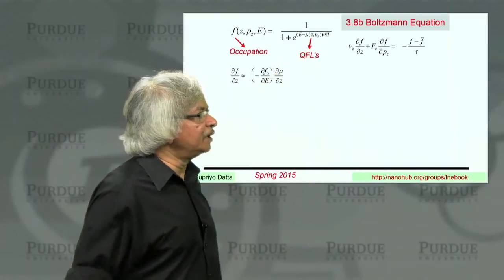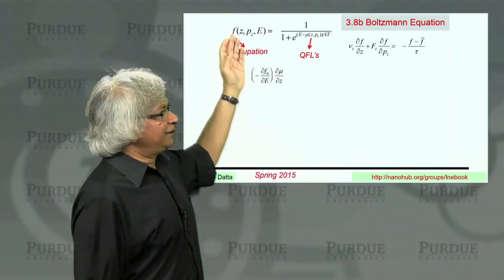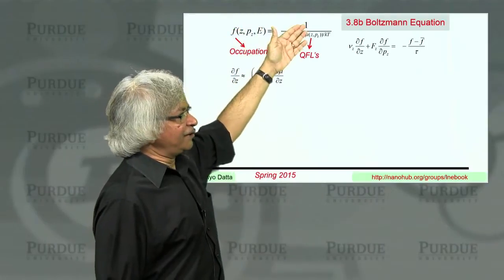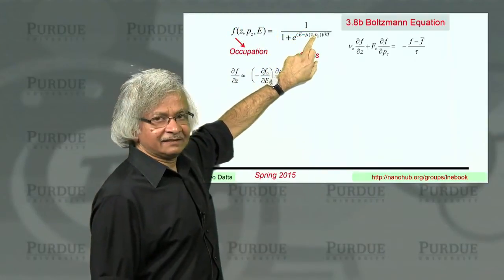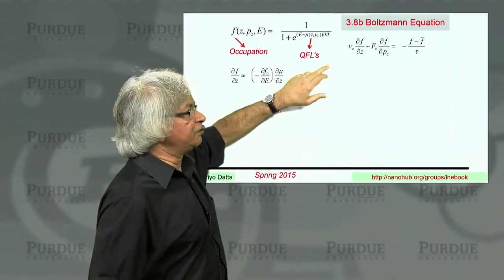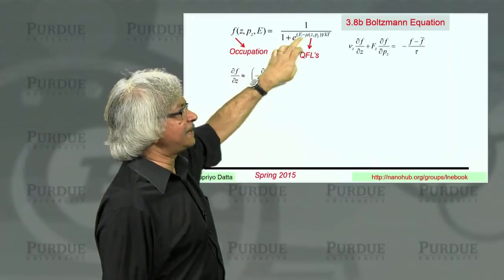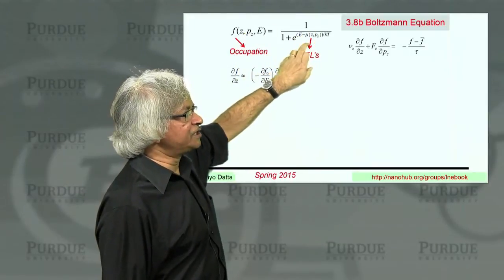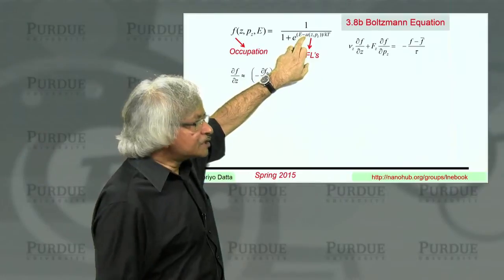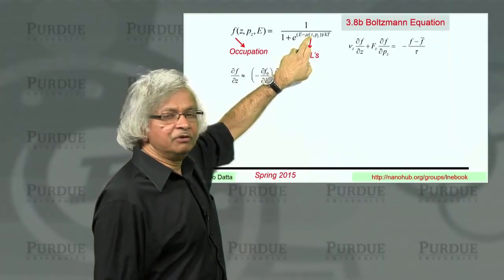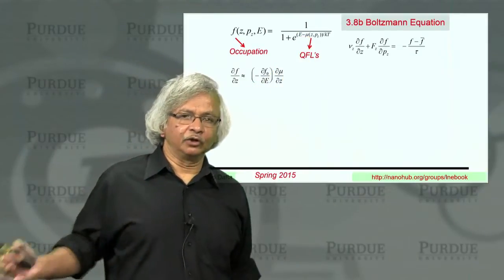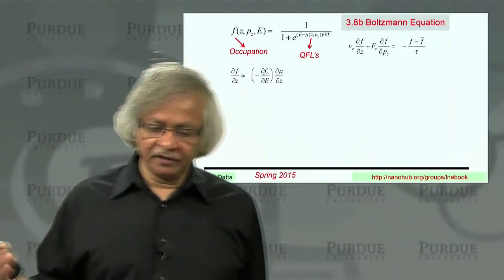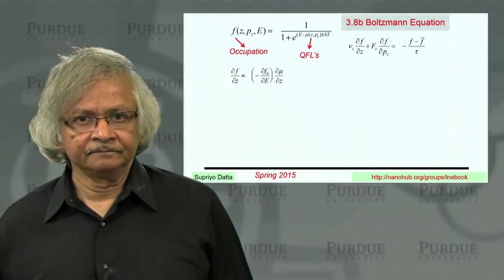At equilibrium, the F would be given by a Fermi function where mu is a constant. But out of equilibrium, let's assume that it can be written in this form, which looks like a Fermi function, but the mu is different at different locations, and the mu is different for different momenta.